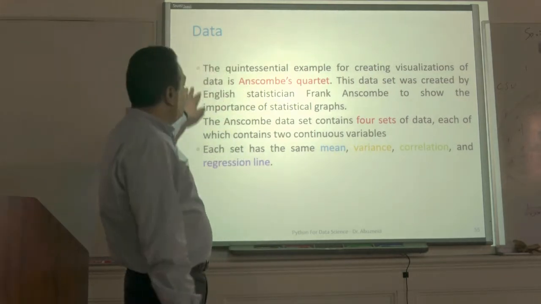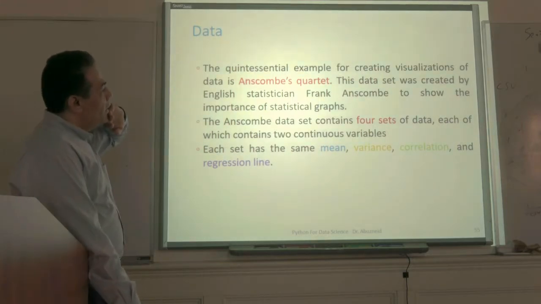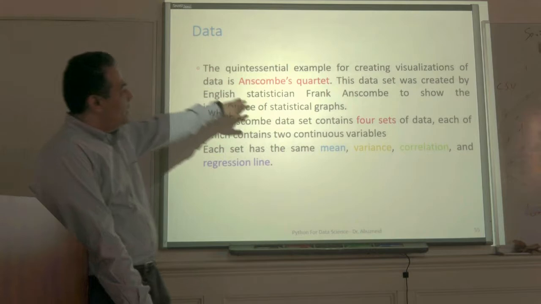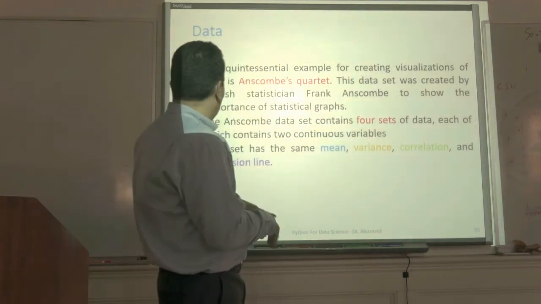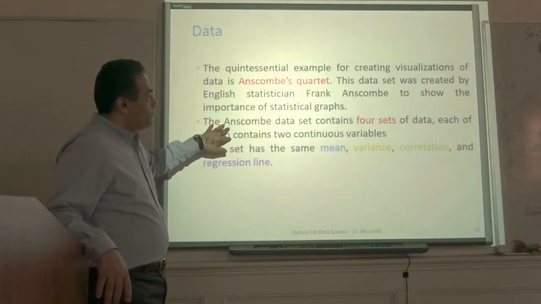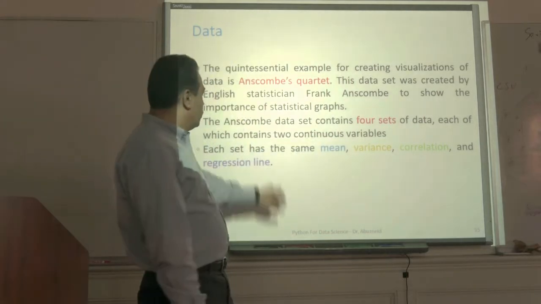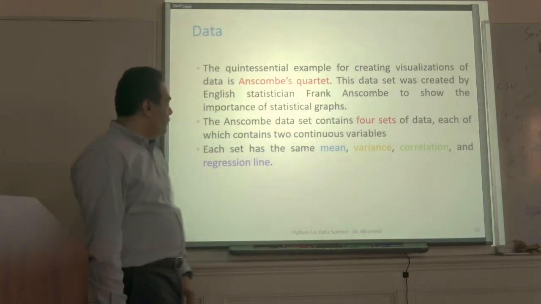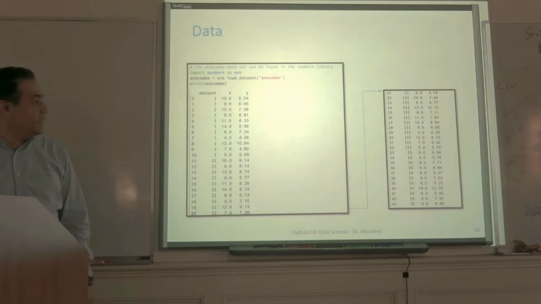Okay, so in this one, English statistician Frank Anscombe, I think that's how we read his name, created it to show the importance of statistical graphics. So there are 4 sets, as I mentioned, of data, each of which contains 2 continuous variables, x and y, and they give you the same results. So look, this is his data.